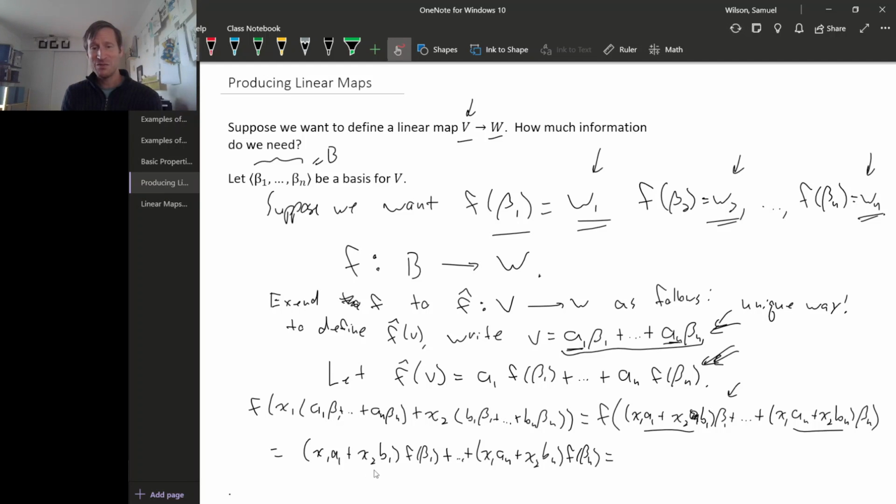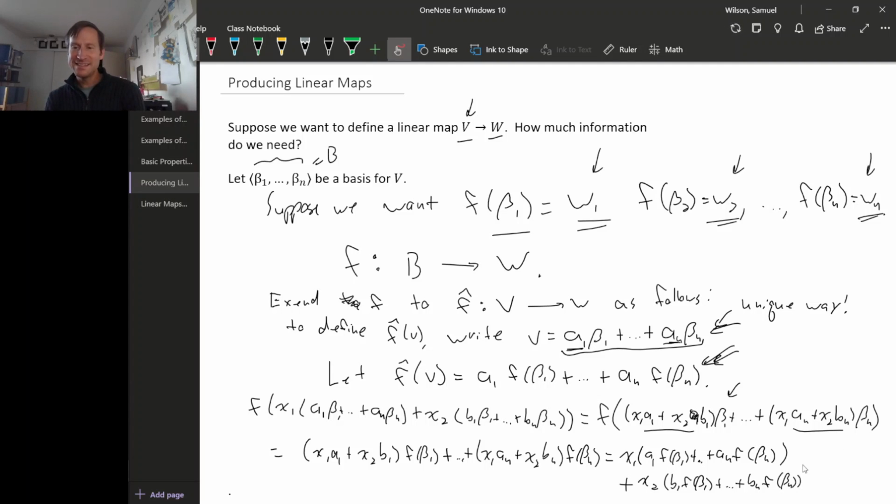And sure enough, if you multiply all these out and regroup according to where the x's are, we have x1 times a1 f of beta 1 plus dot dot dot plus an f of beta n, plus x2 times b1 f of beta 1 plus dot dot dot plus bn f of beta n.